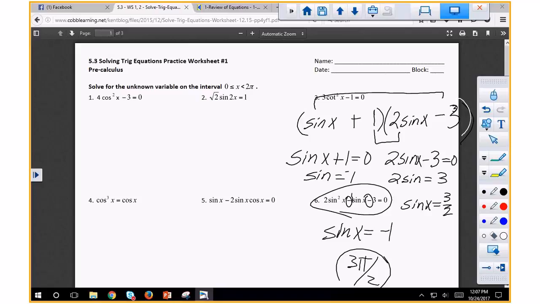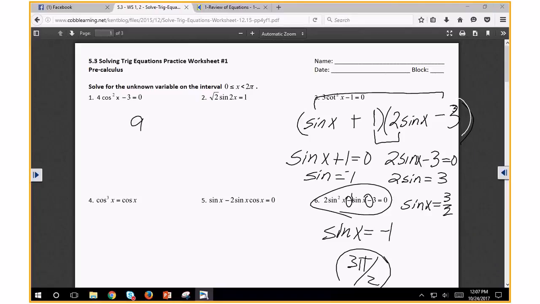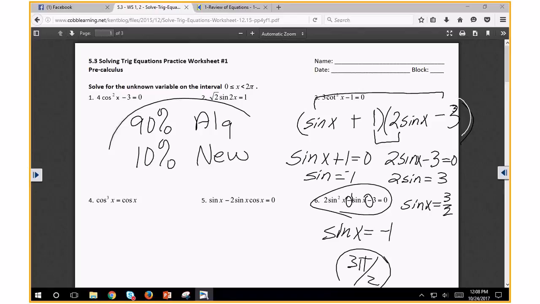Again, I'm trying to show you that you can do these trig equations if you just remember your algebra. And this is one of the prime examples of 90% algebra, 10% new material.